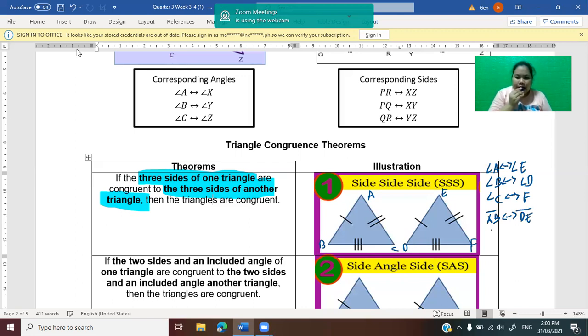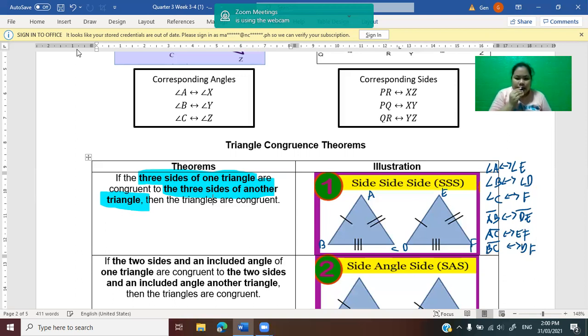What else? AC corresponds to EF. So BC corresponds to DF. Okay. So as you can see, our corresponding sides here are also congruent.